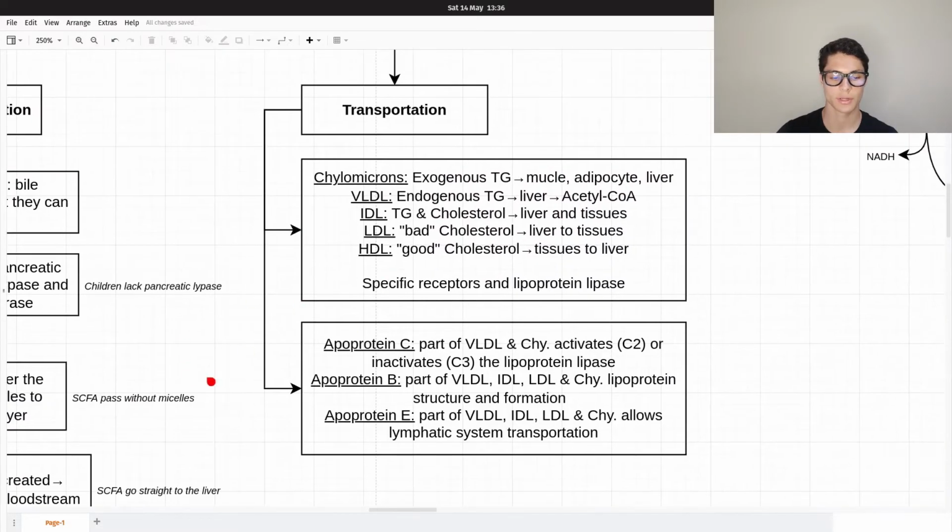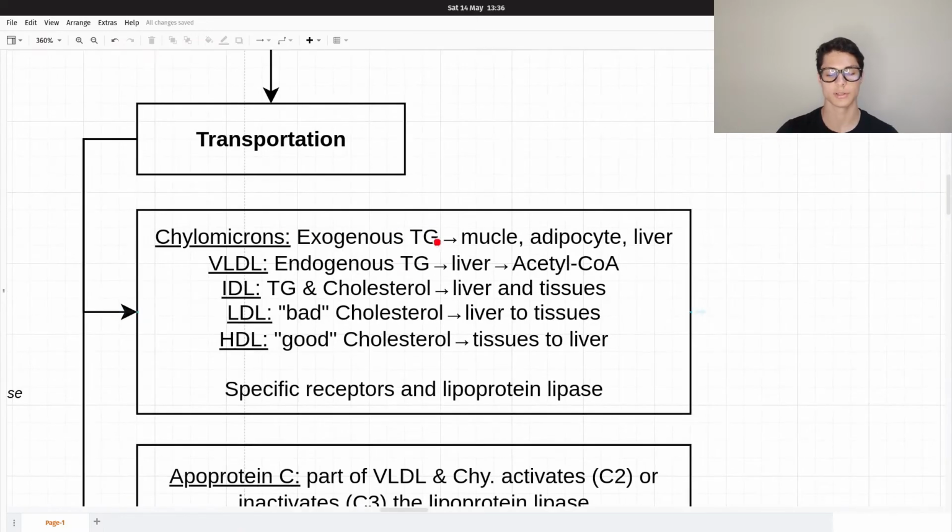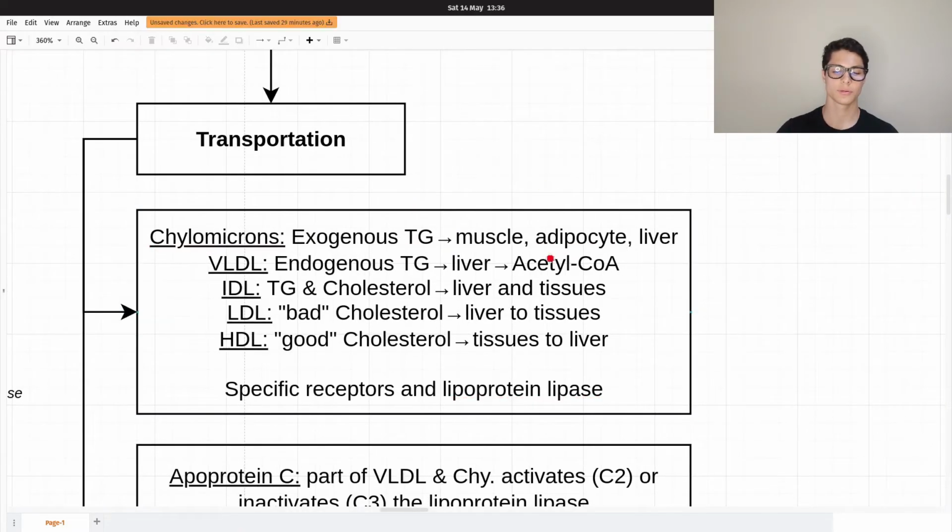So we have exogenous triglycerides inside the chylomicrons, and then they go to the muscles, to the adipocytes, and to the liver, as I said.